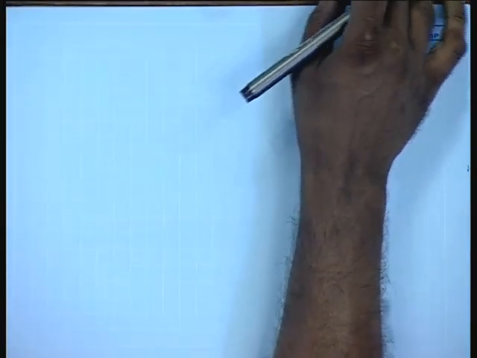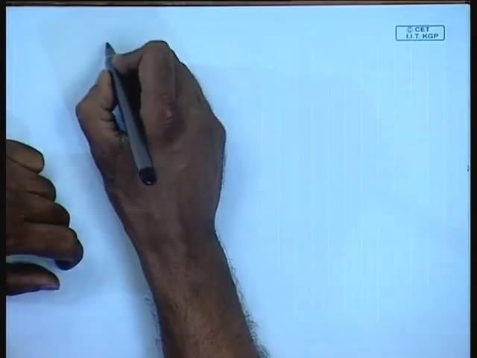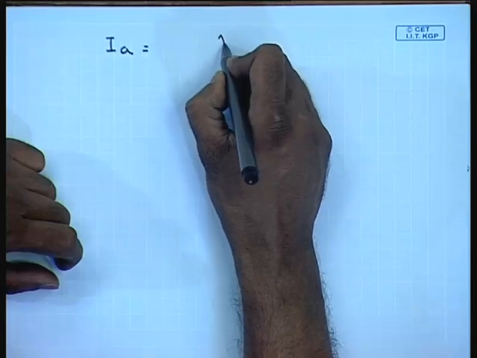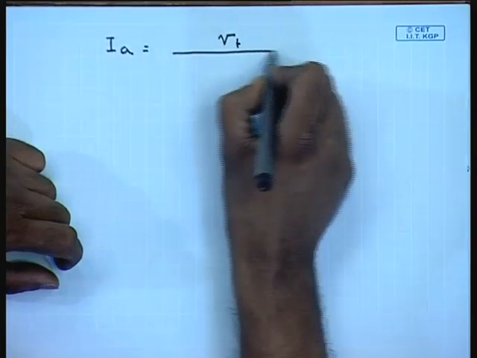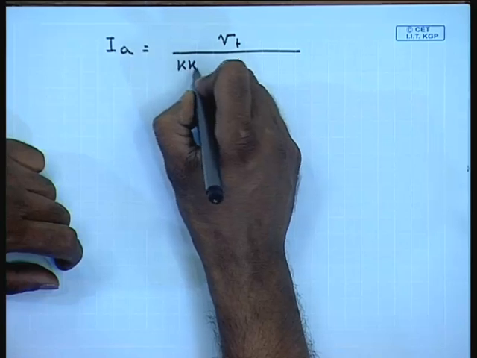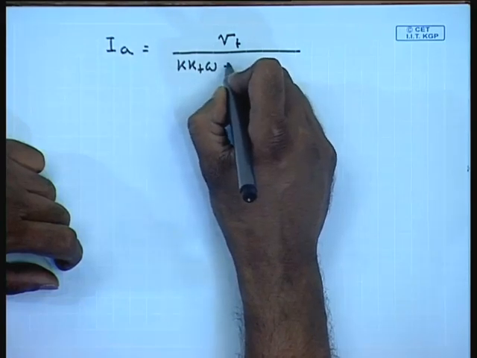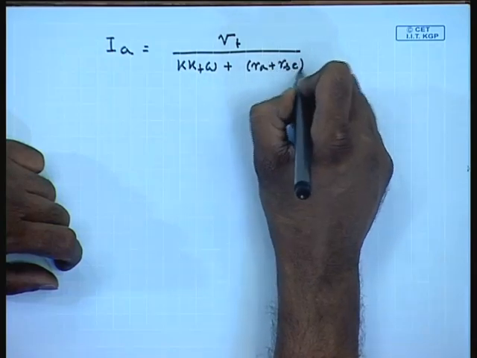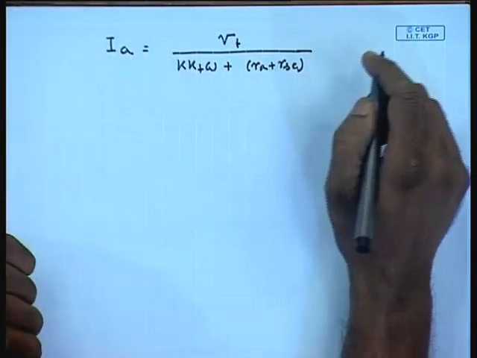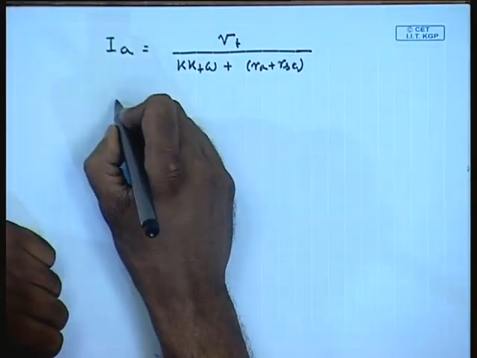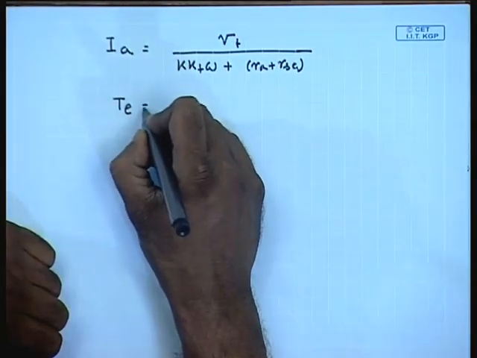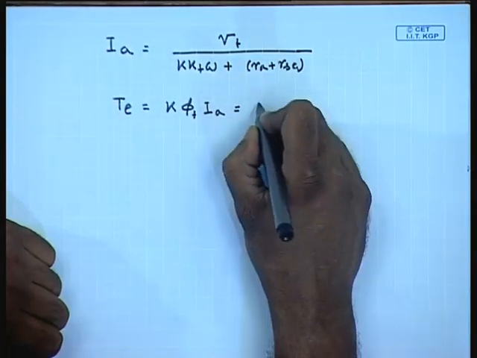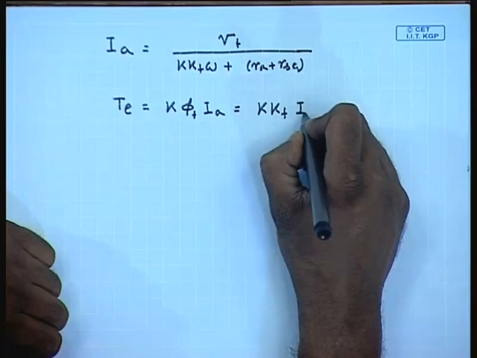We can write I a as V t divided by K K f omega plus R a plus R a c. Torque is given by K phi f I a equal to K K f I a square.